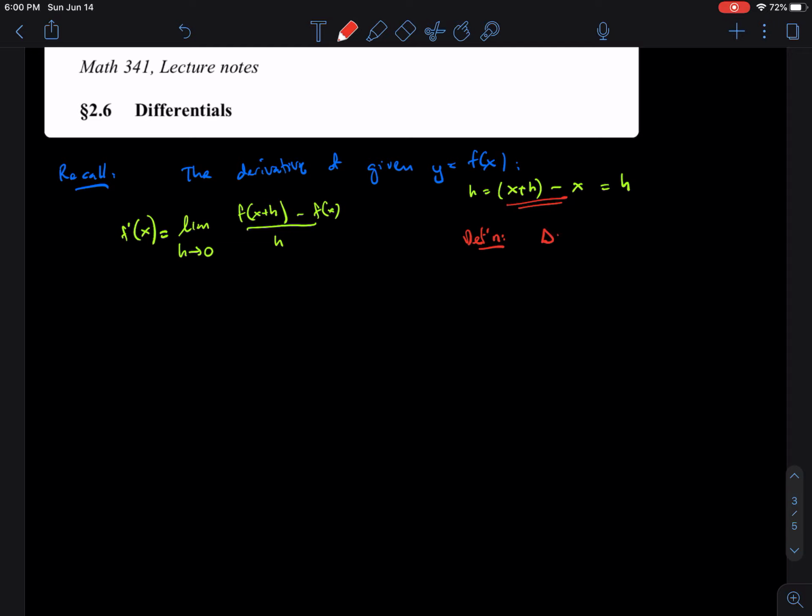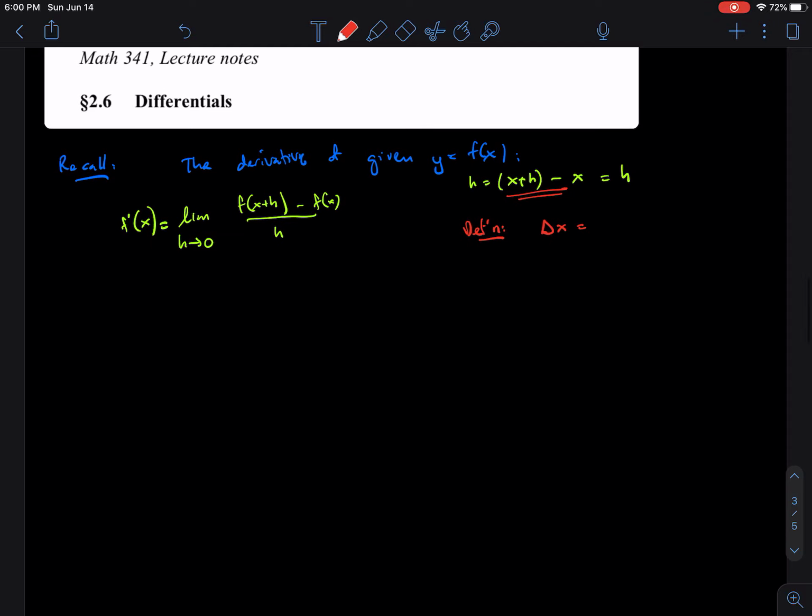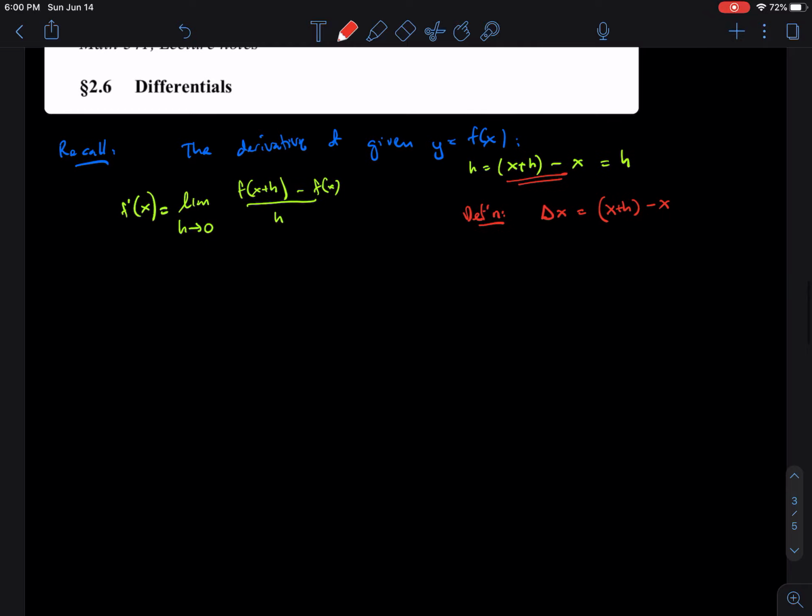Let delta x, the triangle with x, be the change in the x coordinates, or the endpoints of x here: x plus h minus x. Let that be delta x, also known as the increment.